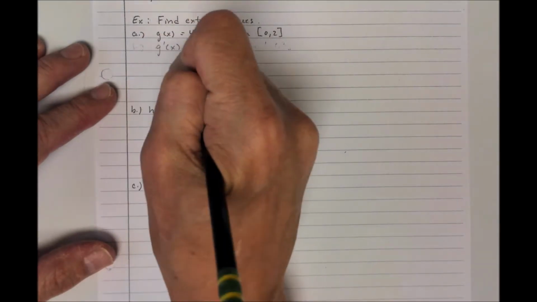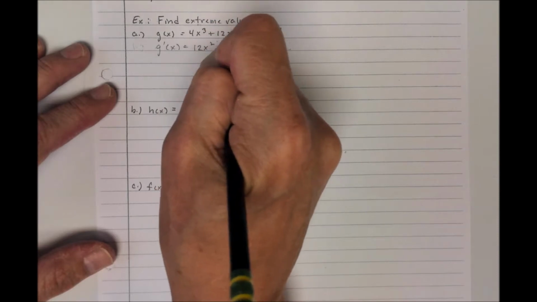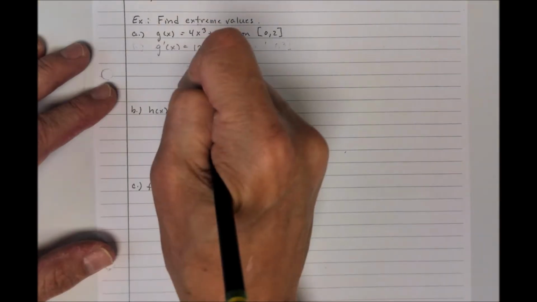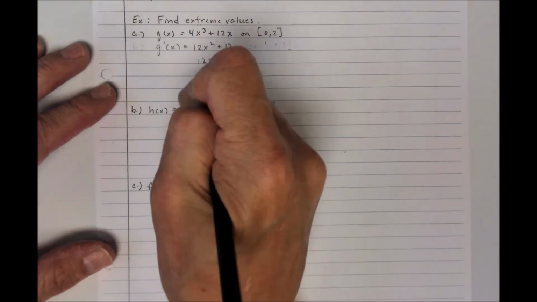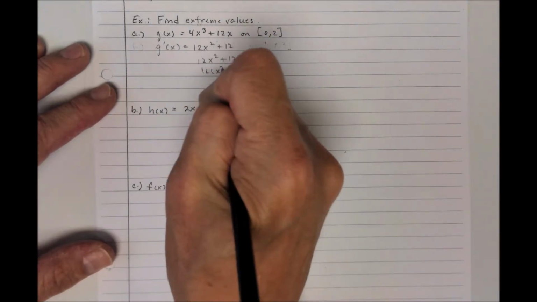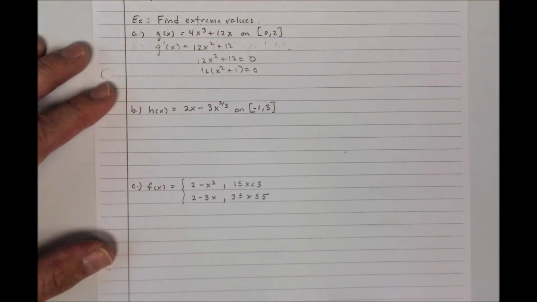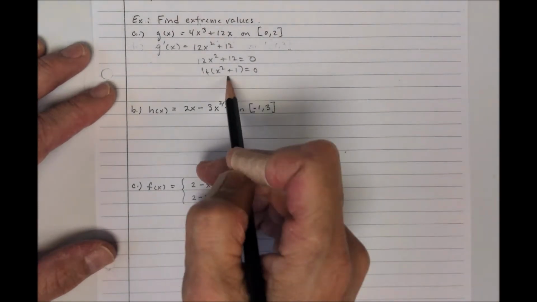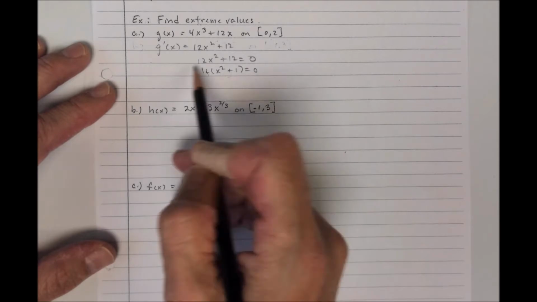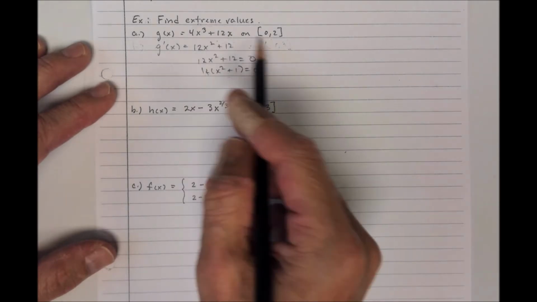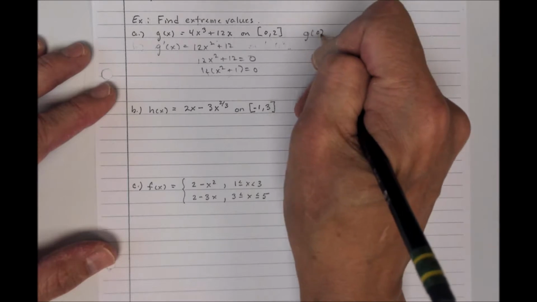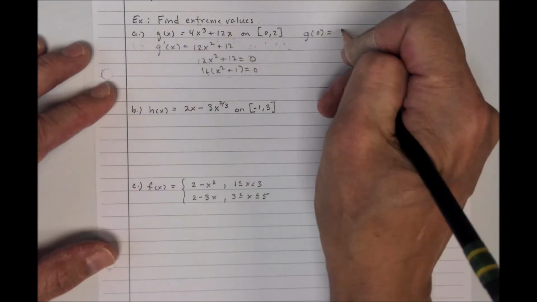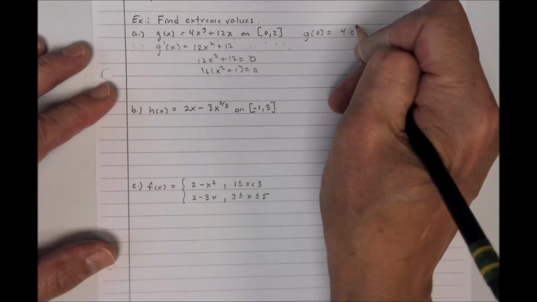That would be 12x squared plus 12. I set 12x squared plus 12 equal to 0. I can factor out a 12 and get x squared plus 1 equal to 0. Well, wait a minute. That can't be 0. So there are no critical numbers, so my extreme values are going to occur at the endpoints. So I find g of 0. g of 0 is 0. Oops, cubed.